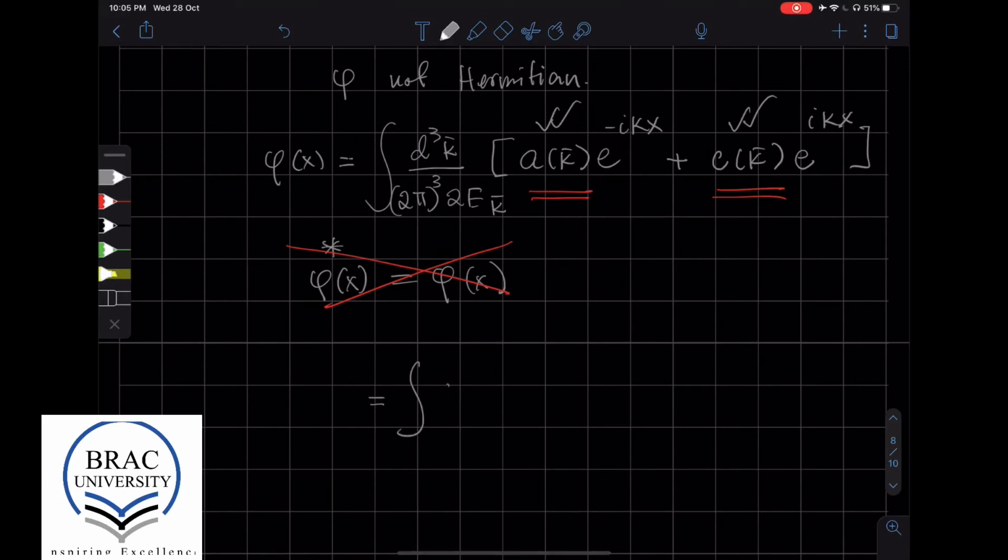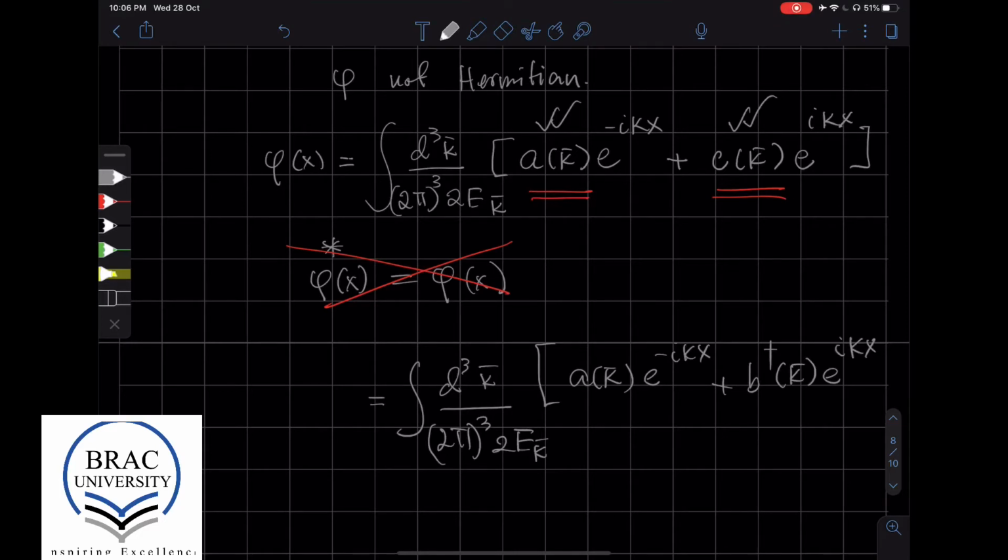Because of that, we don't write it as a plus c, but we write it as a of k e to the power minus i kx plus b dagger of k e to the power i kx. So this is the Fourier mode expansion of a complex scalar field.